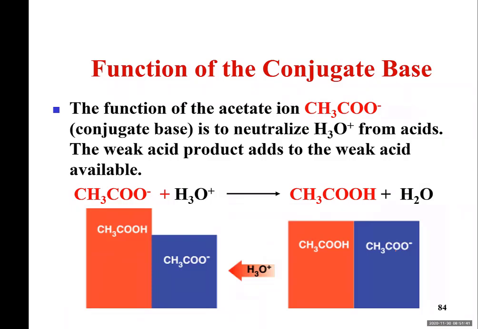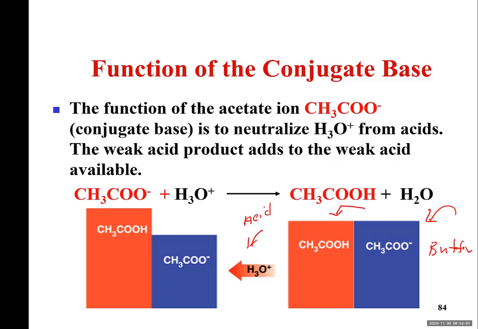And then, what if I have this buffer? This is the buffer now, which is a mixture of conjugate base and the acid, 50-50. In this case, 50-50, I add a drop of acid. Acids are H plus or H3O plus, same thing.